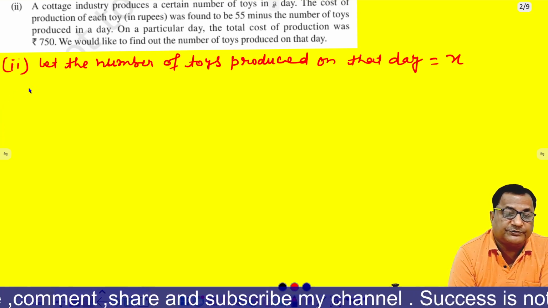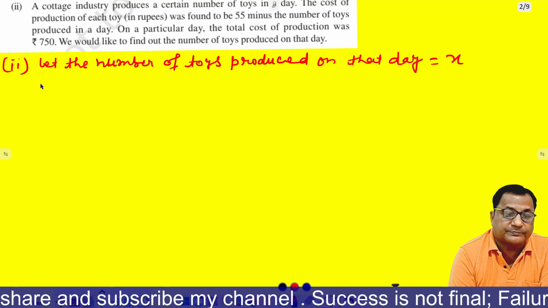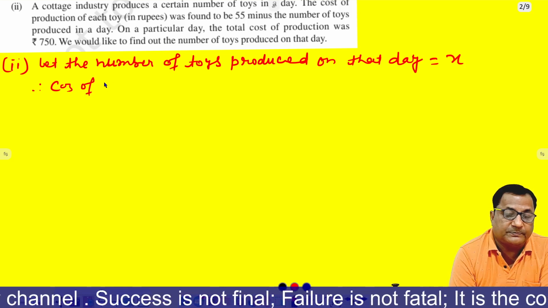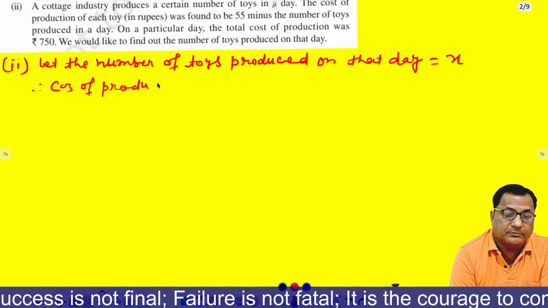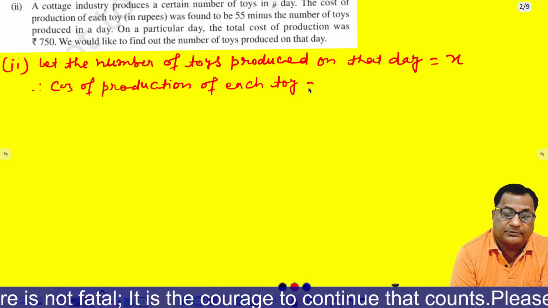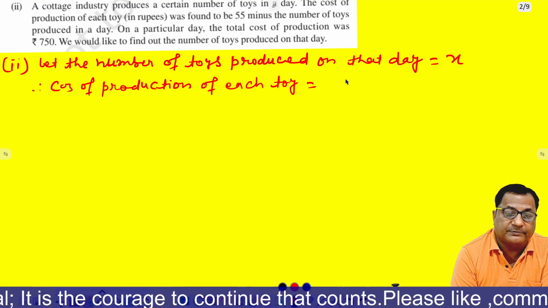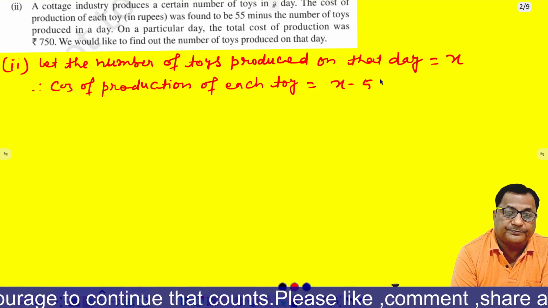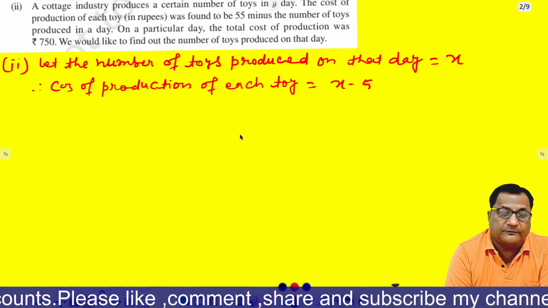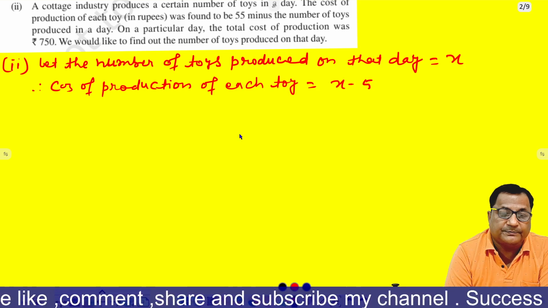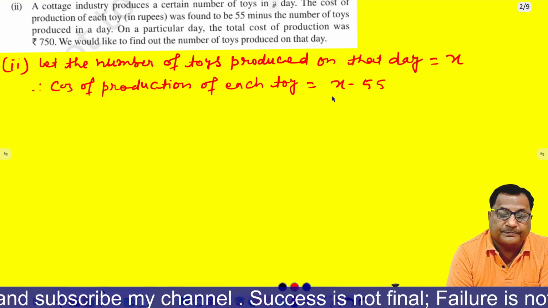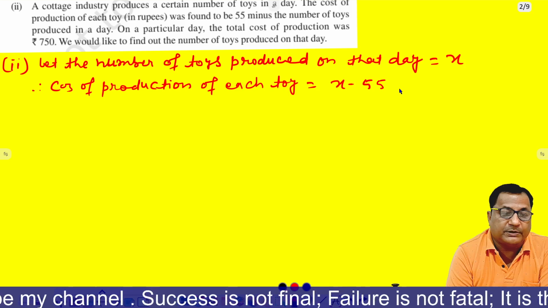So the cost of production of each toy is 55 minus the number of toys produced in a day, that is 55 minus x.